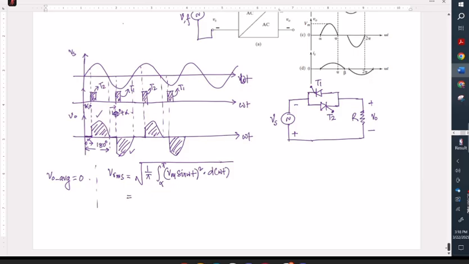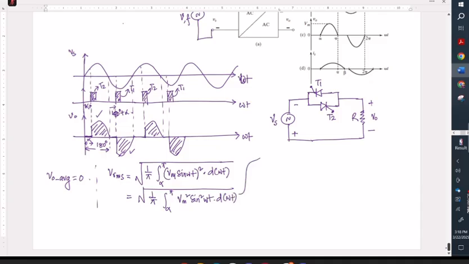So if I do that, it should be 1 over pi, alpha to pi, Vm square sine square omega t multiplied by d of omega t.